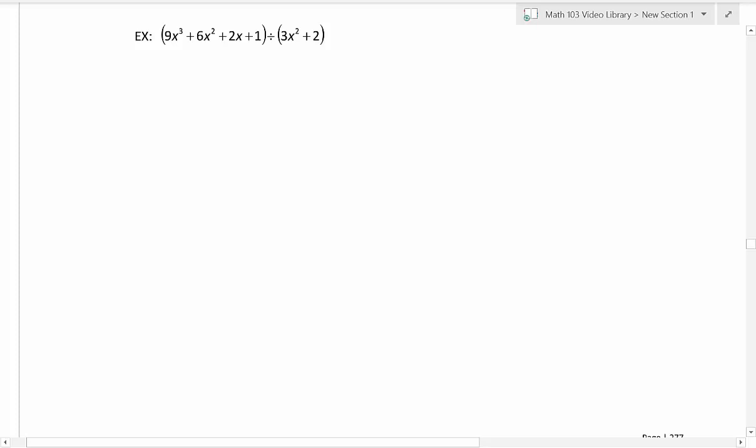Then we want to look to see if any placeholders are necessary. In either the dividend or divisor, do we skip over a variable? We do, in the divisor. Notice that we go from x squared to a constant with no x to the first. This is going to require a placeholder.